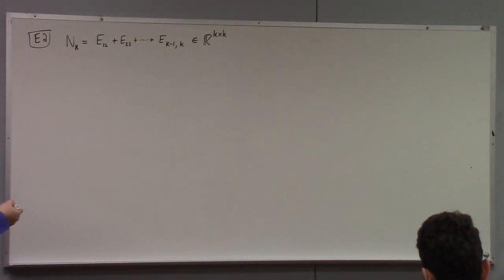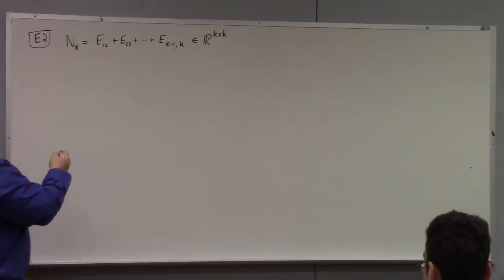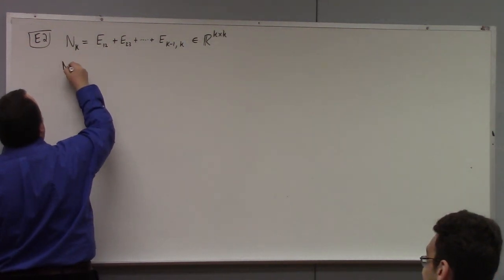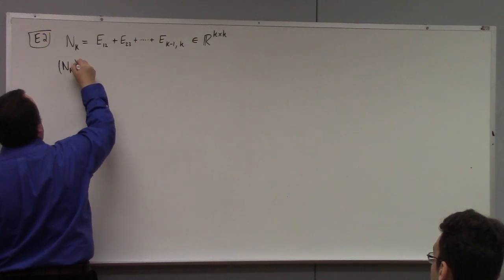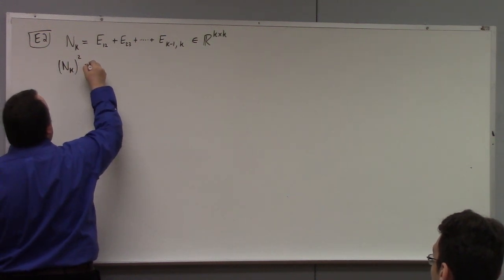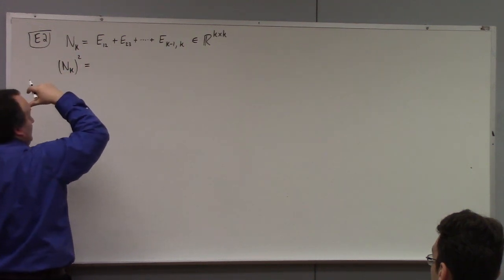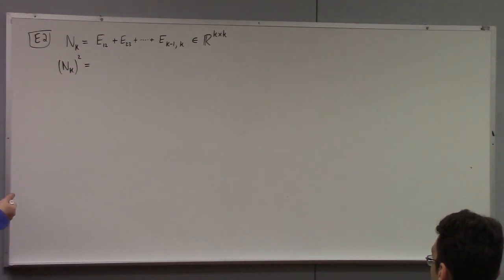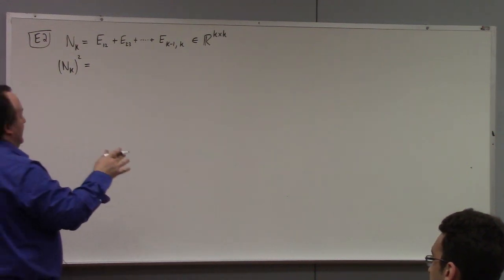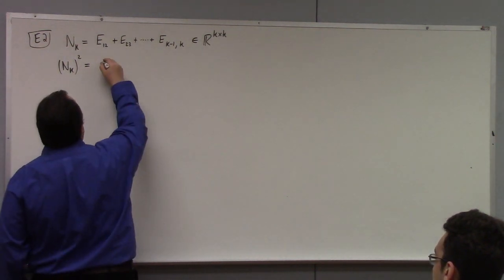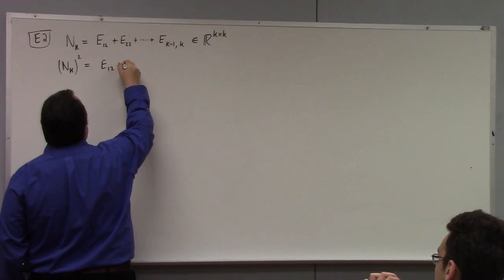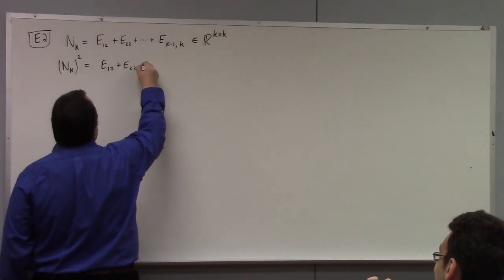Sorry, I'm an idiot. What happens if you square this thing? N sub k squared. What do we get? So if we were to multiply that out, I'm not sure I want to sign up for this.